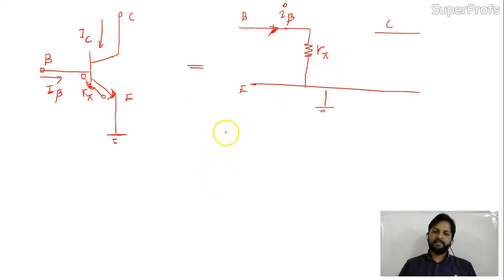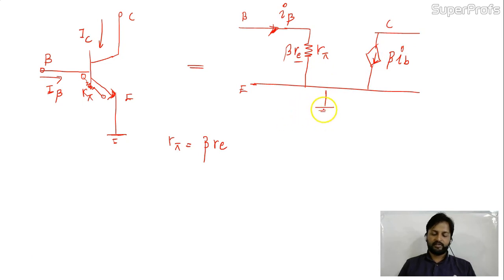And this r pi is nothing but beta RE. Sometimes you can write it like this: this is beta RE. Now what is RE? We'll discuss that. Come to the collector part. In the collector part, is the current incoming or outgoing? It is incoming current, beta times IB, incoming current.